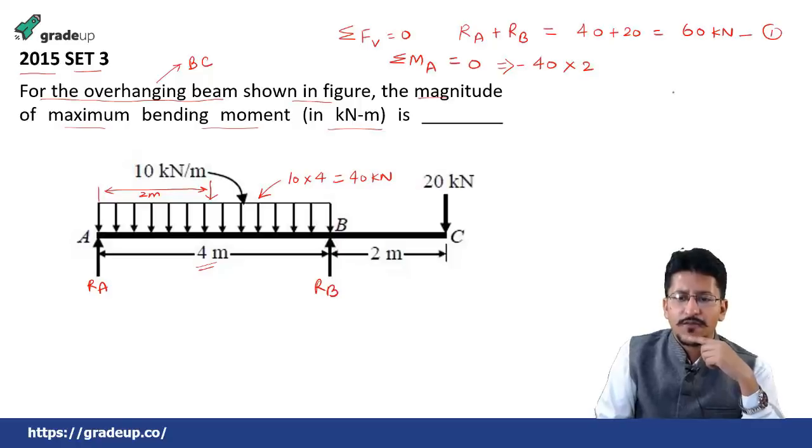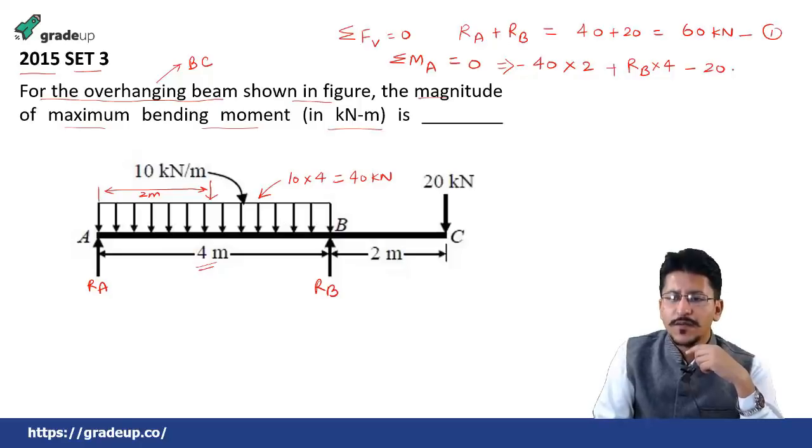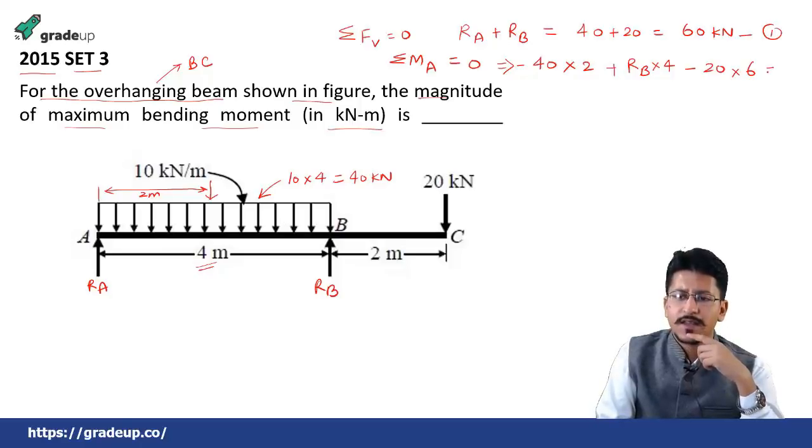This will cause an upward plus RB into 4, RB into 4, and again minus 20 into this total distance from A is 6. And this is equal to 0.